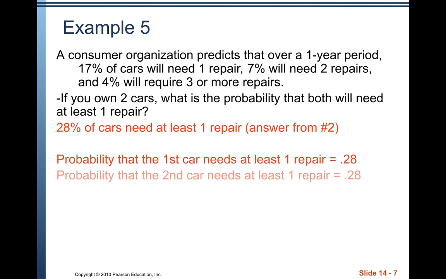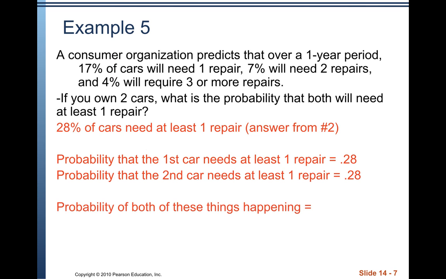And then independently, the probability that the second car needs at least one repair is also 28%. Just like in the last one, we're going to do the same thing, but instead of 0.72 times 0.72, we're going to do 0.28 times 0.28, and we get 0.08, or approximately 8%.